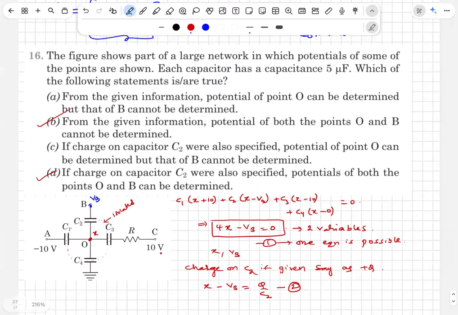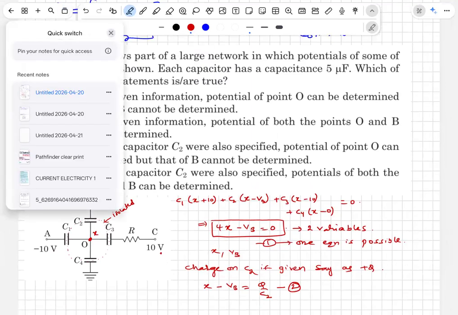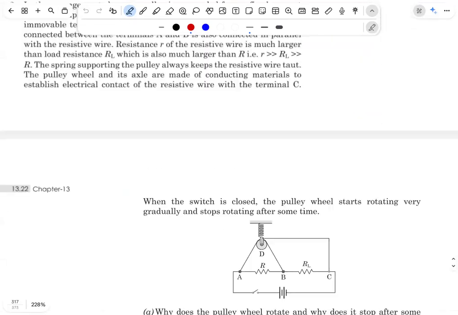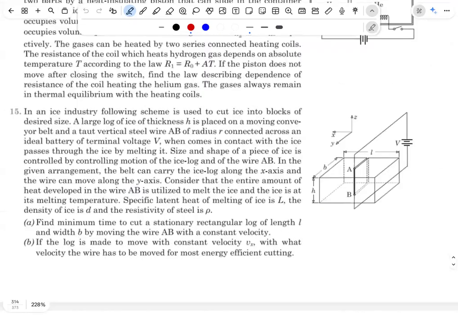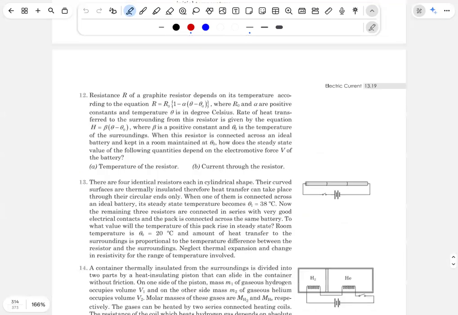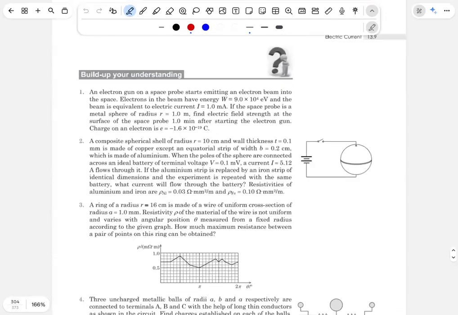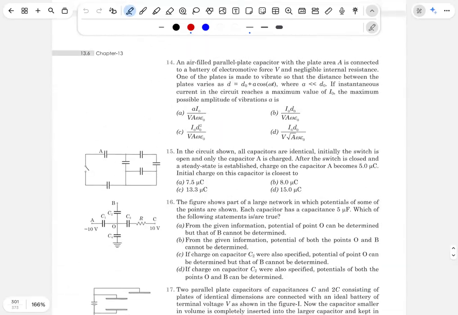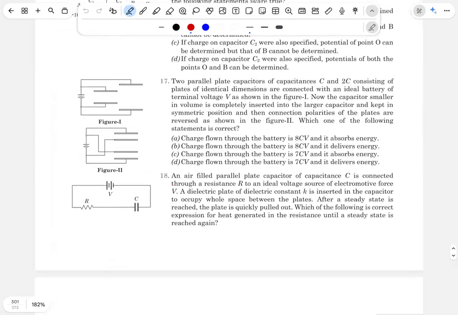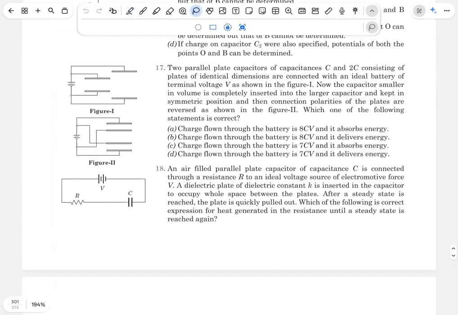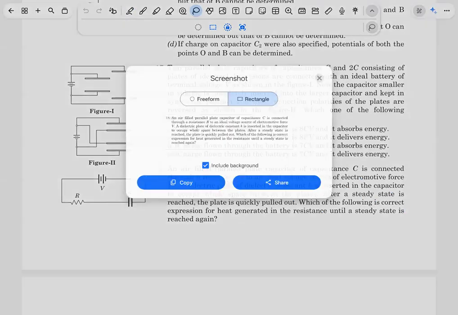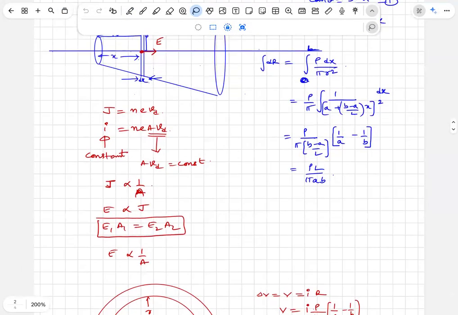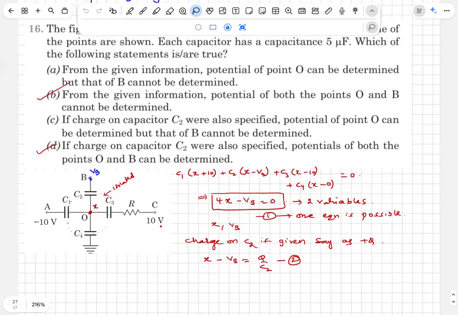Next question from the same pathfinder. Since I am going in order, I think 18 is what I have right now. It is also a very standard problem. You are well aware of this situation, and I think you can comfortably do this also.